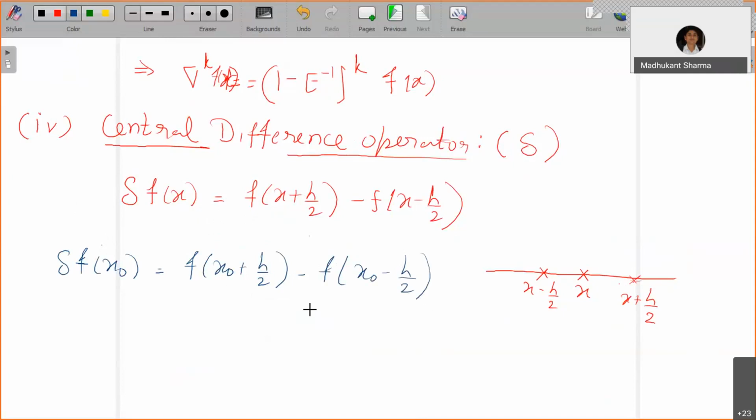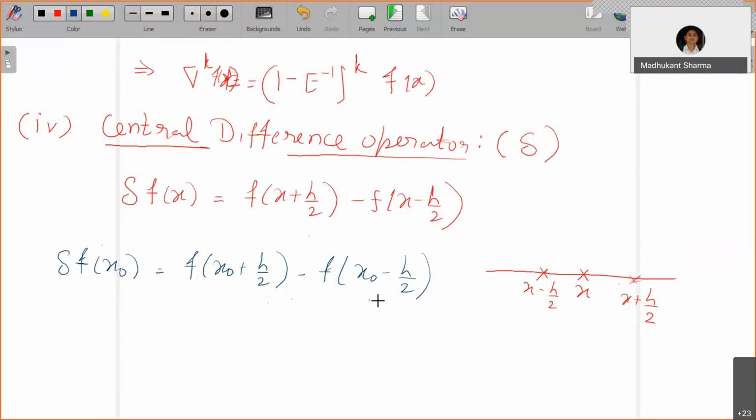None of the values on the right side is at any of the nodal points, because x1 is x naught plus h, and going back it is x naught minus h. So on the right side, none of the function values is at a nodal point if you go with the first central difference operator. One more thing: all these difference operators are linear.